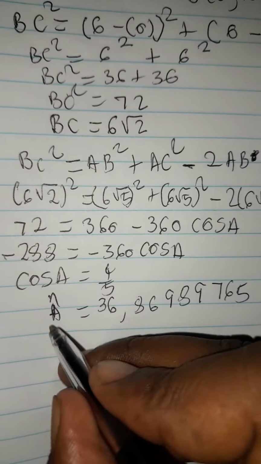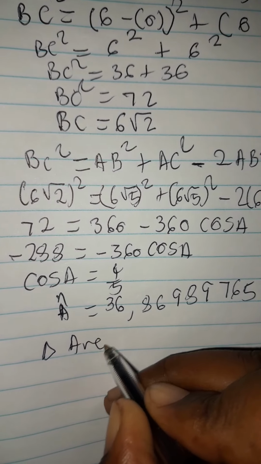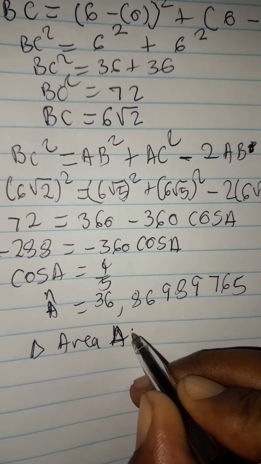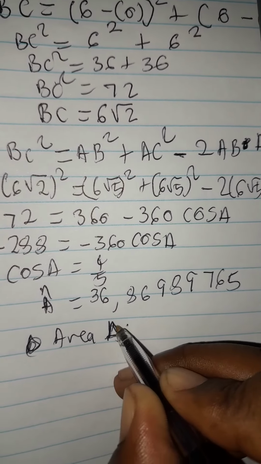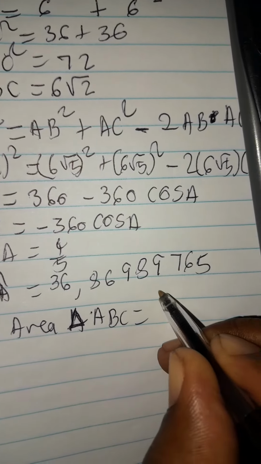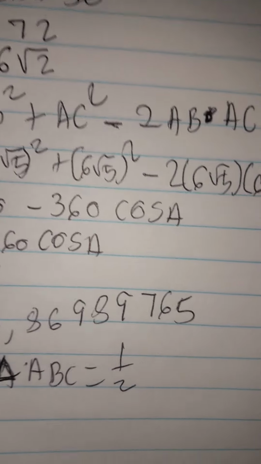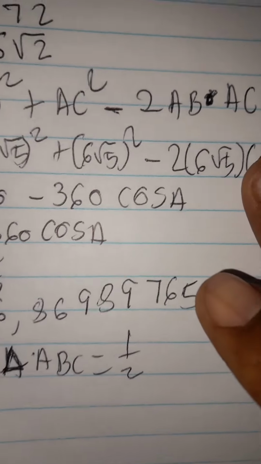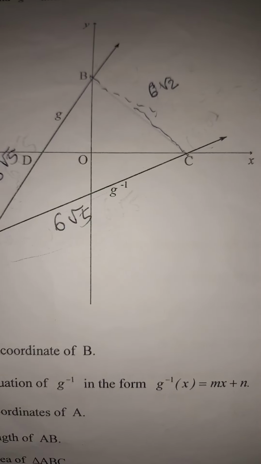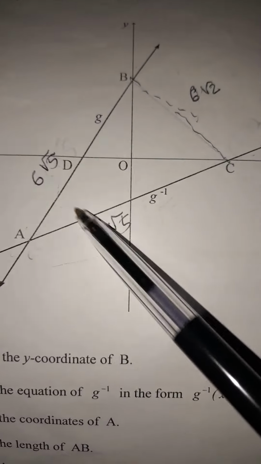We are not done. We need to calculate the area of triangle ABC. So the area of triangle ABC is going to be half. Remember to use an area formula with two sides and an included angle.